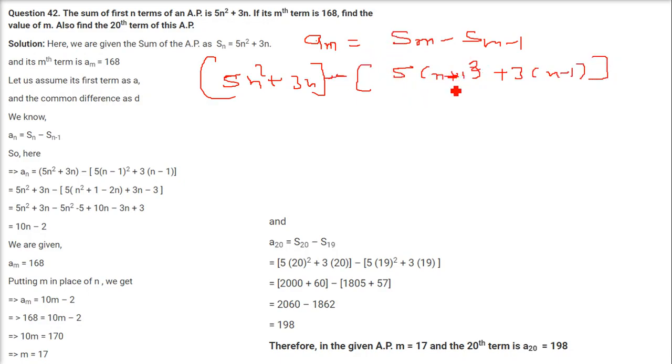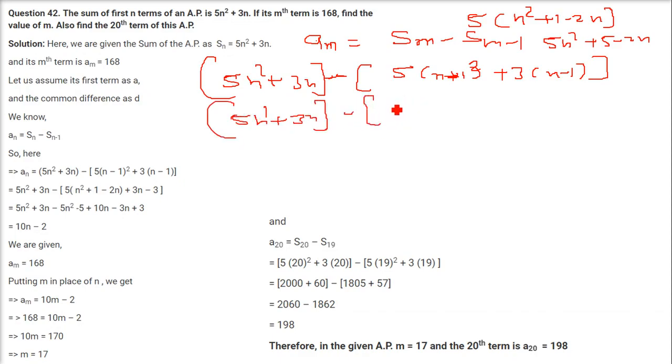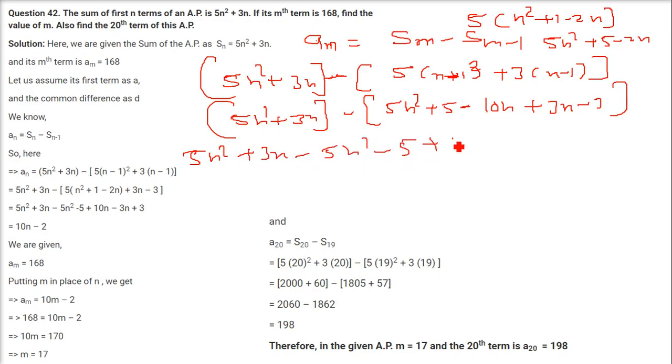Let me just solve this one. 5 into (n minus 1) whole square: n square plus 1 minus 2n. What do you get? 5n square plus 5 minus 10n. So 5n square plus 3n minus 5n square minus 5 plus 10n, and this is plus 3n minus 3. Let us open it.